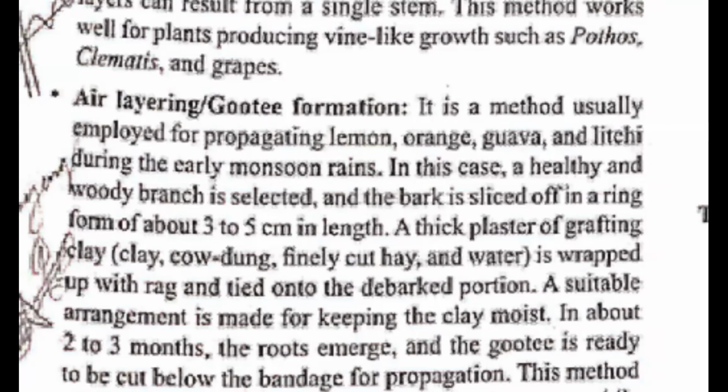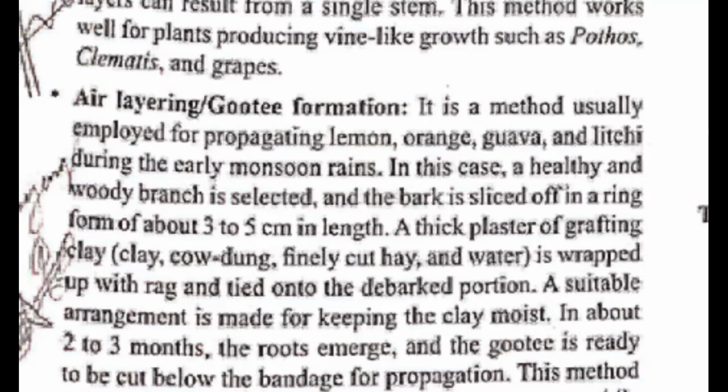Leave it for a few hours or a few days or a few weeks. What will happen? It will produce roots, and after the root formation, you just cut the branch and place it into a favorable condition. You will get a new plant. This is another method.